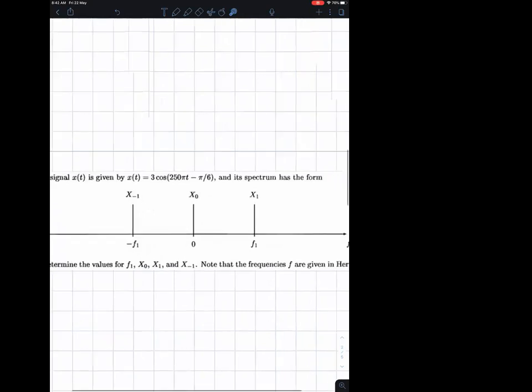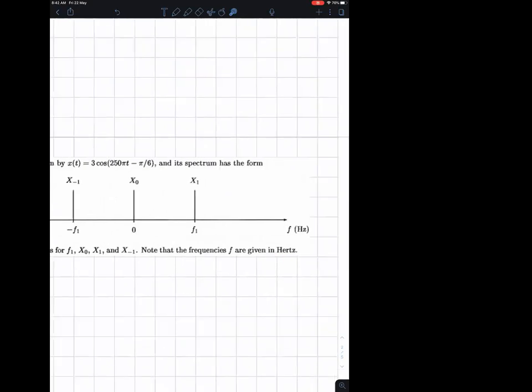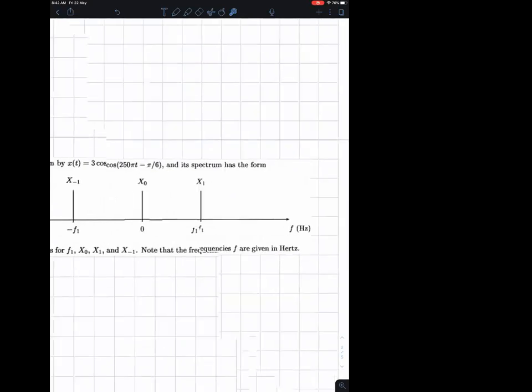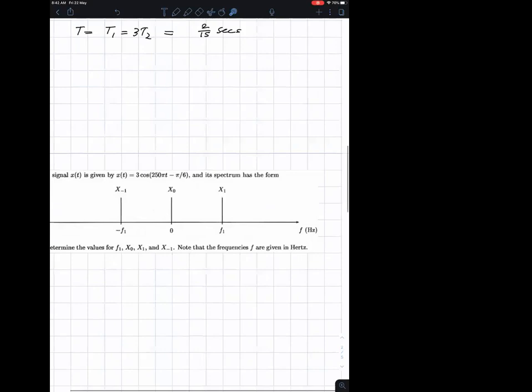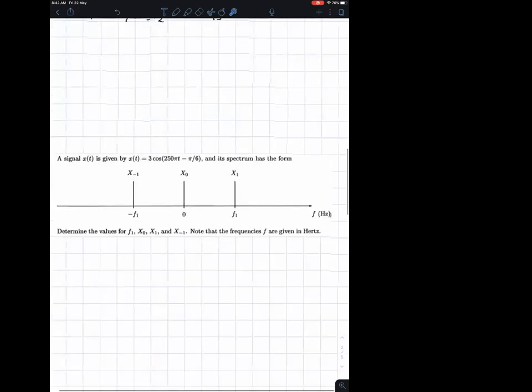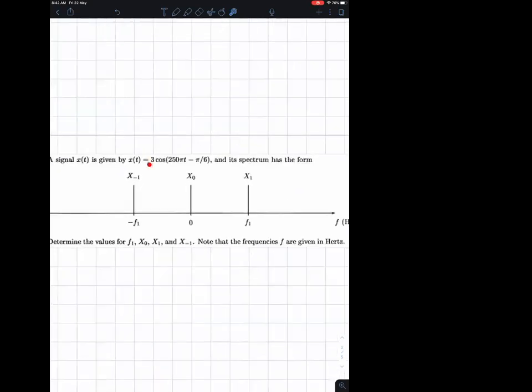The frequencies are given in hertz. So the first thing you want to do, this is really convenient since they've already given you the equation, so you can go ahead and write this equation in exponential form. Please take your piece of paper and pencil and try to write this in complex exponential form. Please spend a few minutes trying to do this.